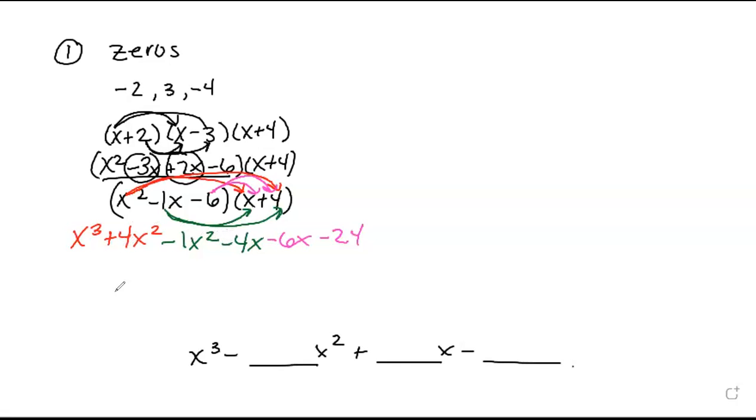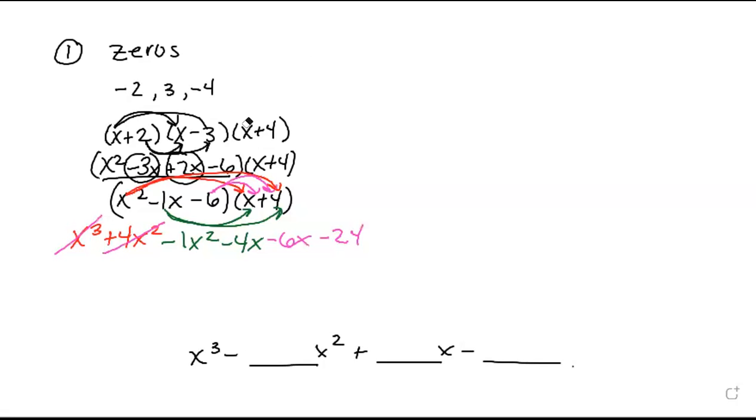So now we should be able to get to the answer. X to the third. We've got a 4x squared, and I don't see any other x squared, so this would be 4. No, I lied, right? I do see another x squared. I just wasn't looking very well.